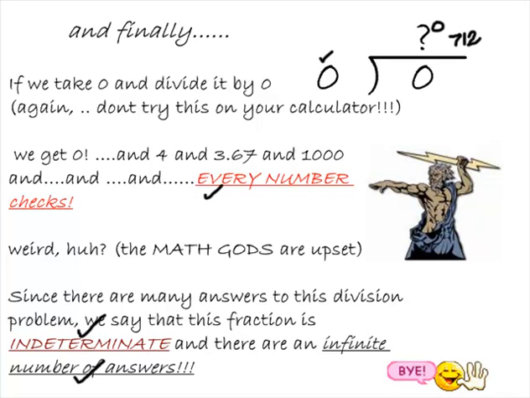But in more advanced areas of mathematics, calculus is one of them, mathematicians see this all the time, where they have something like 0 divided by 0, or something like 3 divided by 0, and they're able to deal with that in a very abstract way. And so they come up not necessarily with answers, but meanings for those particular fractions.